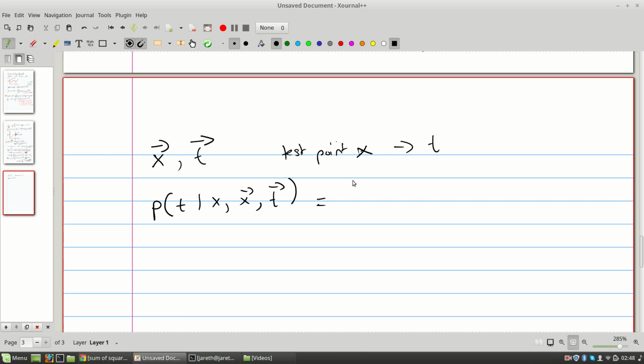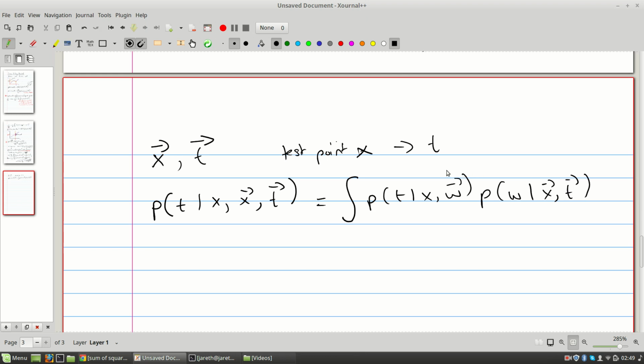Well, this is equivalent to the integral of p of t given x, w, times the probability of w given X, T.